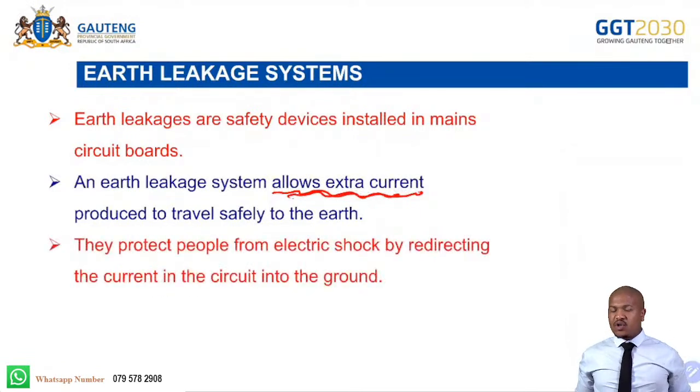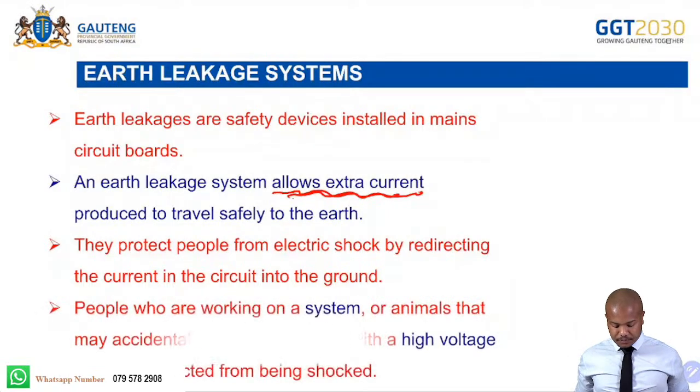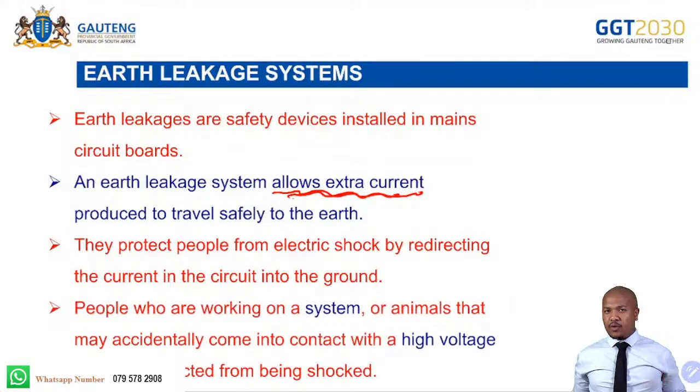Are we together? So they protect people from electric shock by redirecting the current in the circuit into the ground. For example, when you have people working on a system or animals that may accidentally come into contact with a high voltage, they are protected from being shocked, because it simply redirects the current in the circuit into the ground.